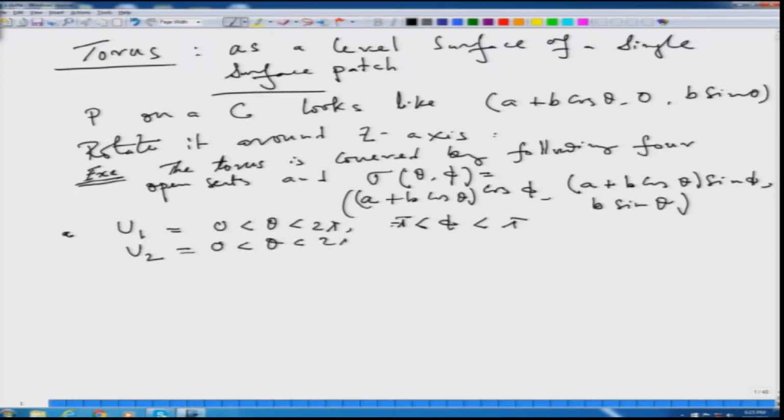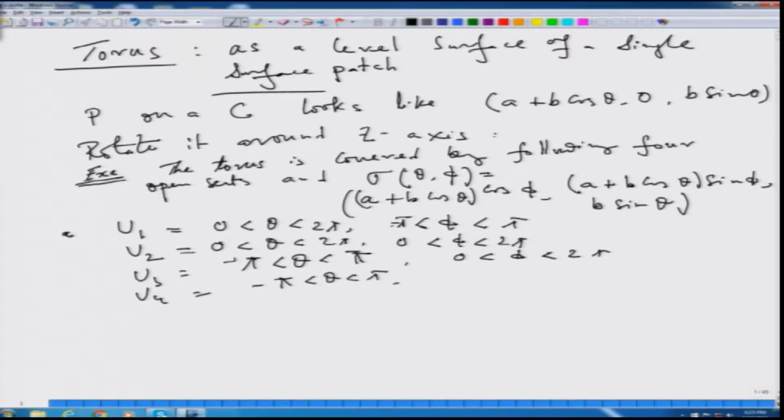again theta between 0 to 2 pi, this is between 0 to 2 pi, theta between minus, I mean symmetric, and the torus.